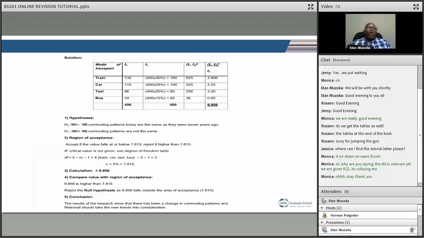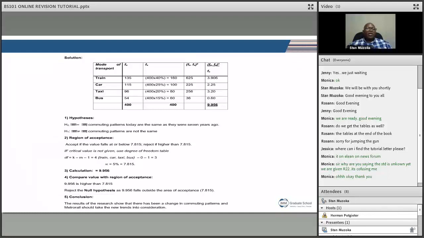Right. Your null hypothesis will always be that commuting patterns today are the same as they were 7 years ago. You confirm the claim, and in the alternative, you refute the claim, you oppose the claim.